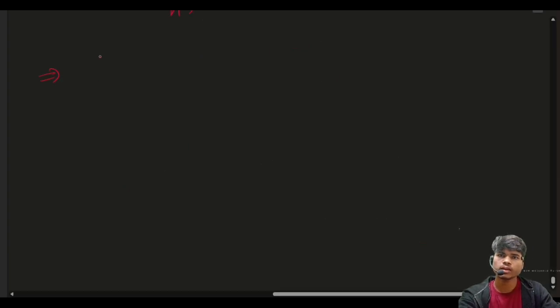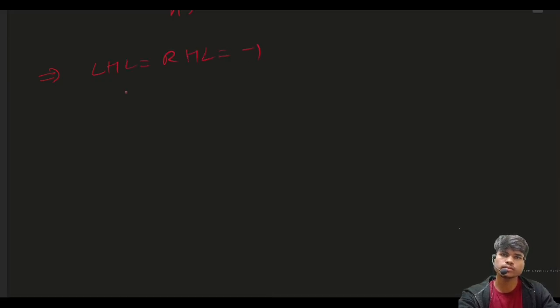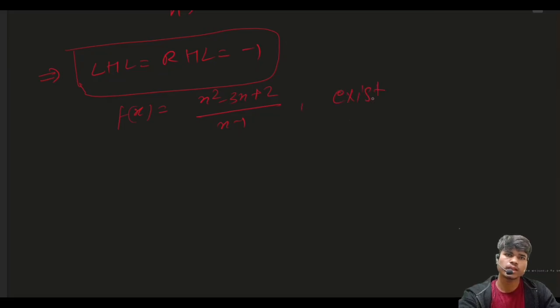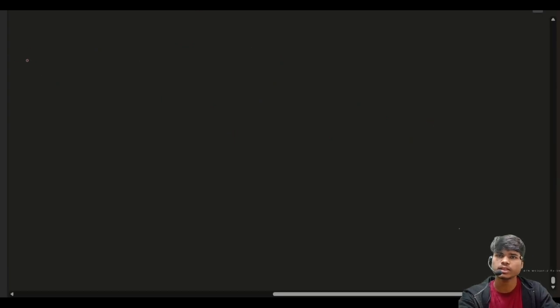So here we have left hand limit equals to right hand limit equals to minus 1, a finite number. So we can say that the limit of the function f of x equals to x square minus 3x plus 2 divided by x minus 1 exists. That is minus 1.